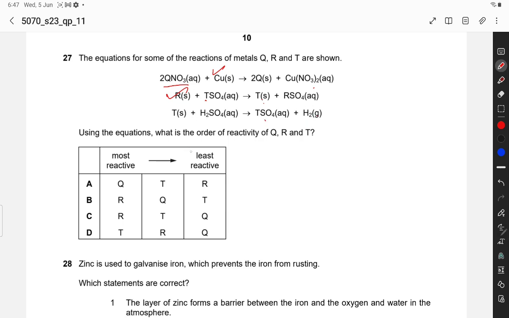So using the equations, what is the order of reactivity of Q, R and T? Most reactive is R, because R reacts with TSO4.